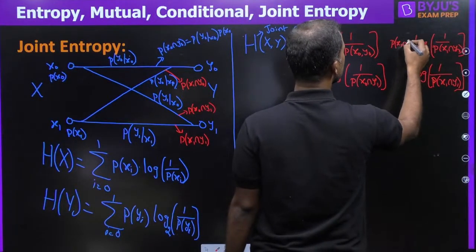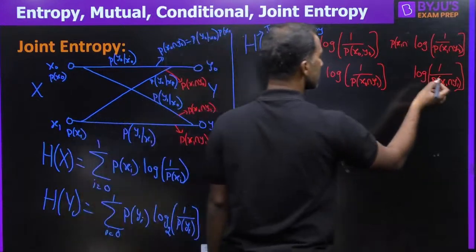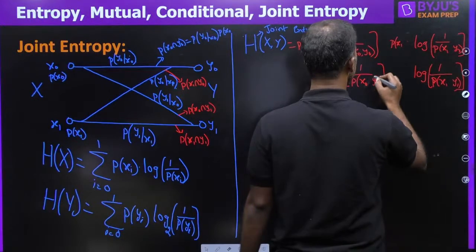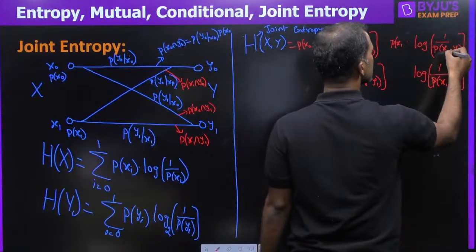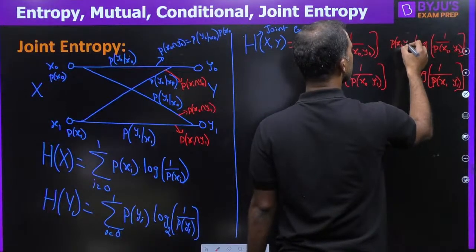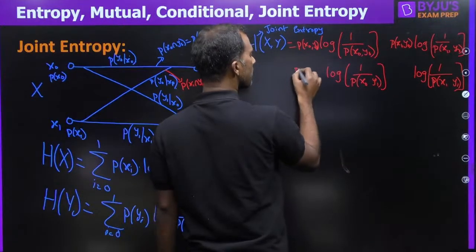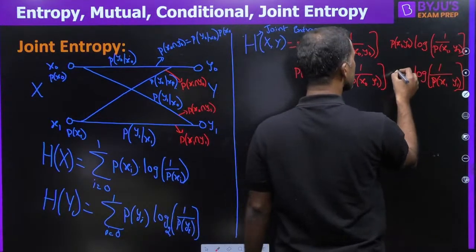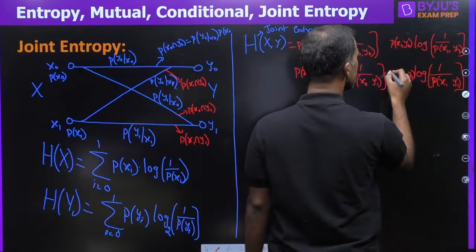Comma is more convenient and easy to write, so let's write comma uniformly. Comma means intersection. x1 comma y naught, and the probability with which this happens is p of x naught comma y1. The probability with which this happens is p of x1 comma y1.